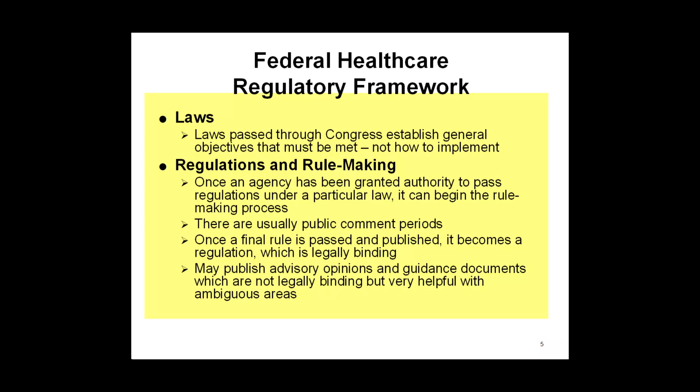Draft rules are published, comment periods invite feedback from clinicians, vendors, and citizens, and revisions follow. When a final rule appears in the Federal Register, it becomes a binding regulation enforceable through audits, fines, and funding consequences. Agencies may also release advisory opinions and guidance documents. These are not legally binding, yet they illuminate gray areas and often forecast future enforcement priorities, making them essential reading for risk-averse managers.